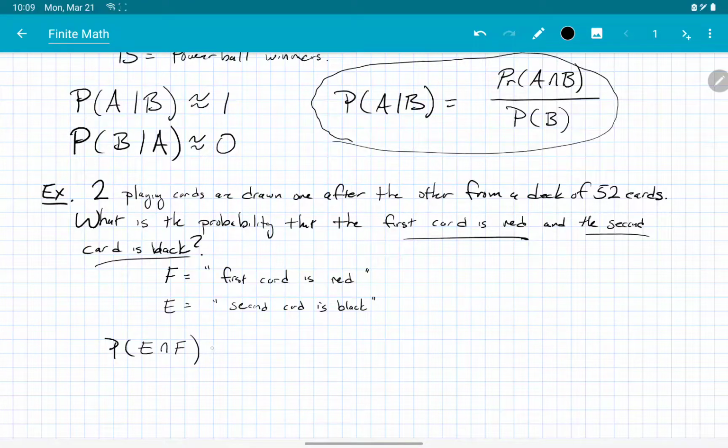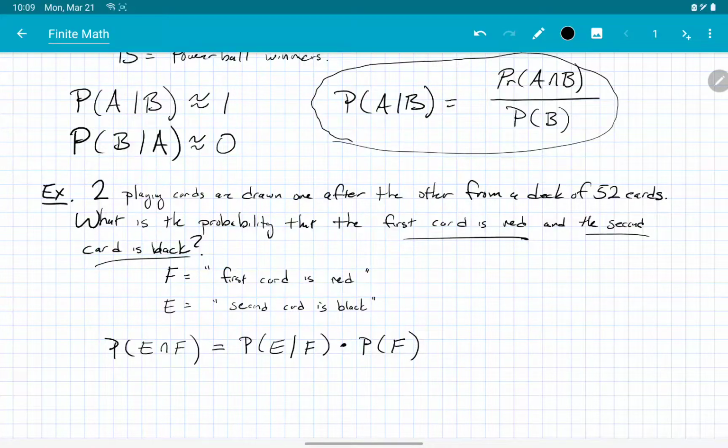The probability of both of these things, the first card being red and the second card being black, is going to be equal to the probability that the second card is black, given that the first card is red, times the probability that the first card is red.